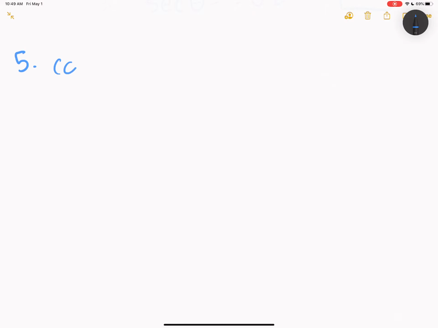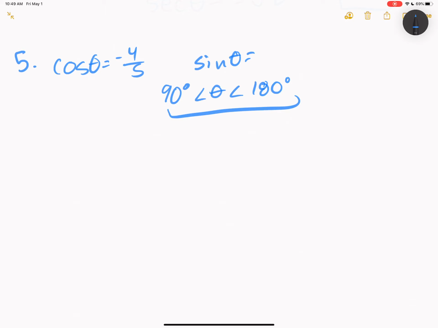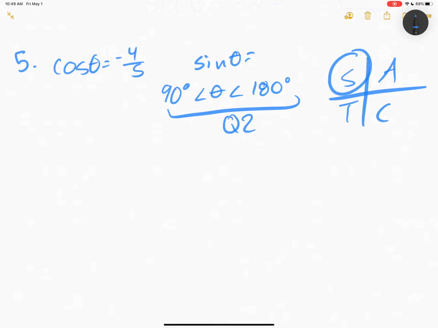It says cosine theta is equal to negative 4/5. I want to look for sine theta, and I'm between 90 and 180. Remember, this is in quadrant 2, right? Remember, all students take calculus. In quadrant 2, sine is positive, so I'm going to take the positive answer.